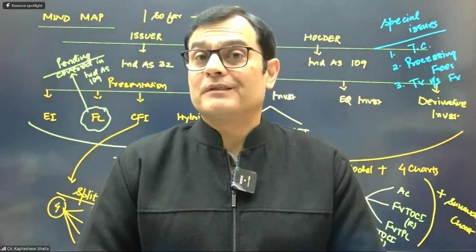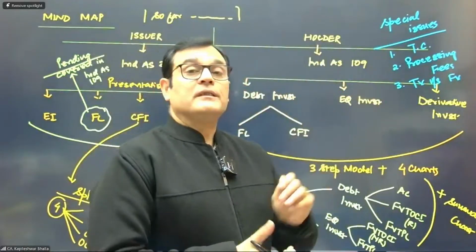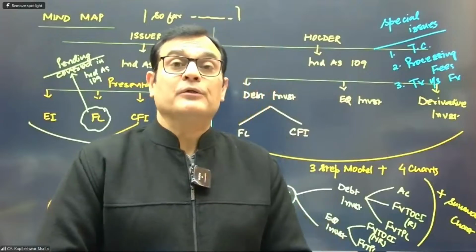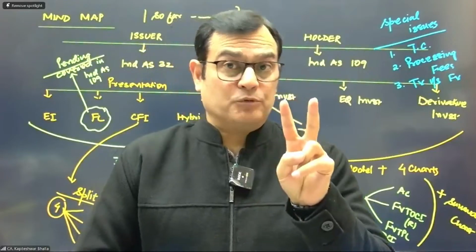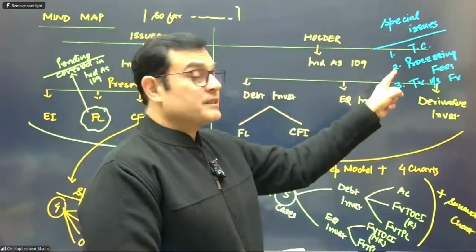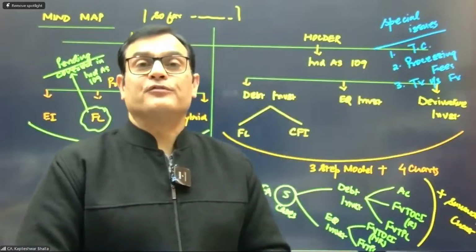But the initial measurement is going to take place at fair value. So if there is a difference between a transaction value and a fair value, how is that accounted for? So I've got 2 focus points to go with you. One is the processing fee discussion, and one is the difference between a transaction value and a fair value.